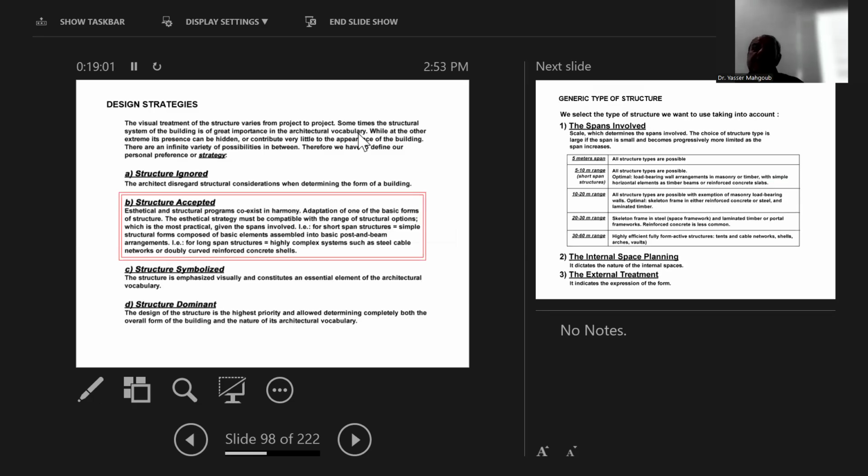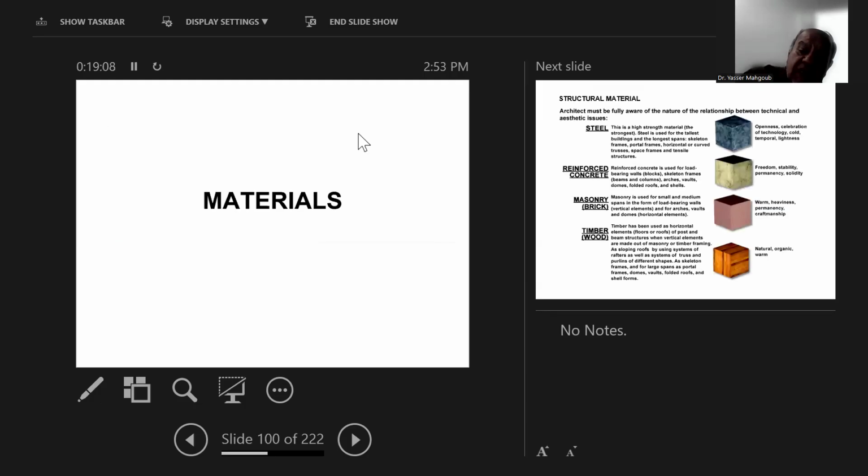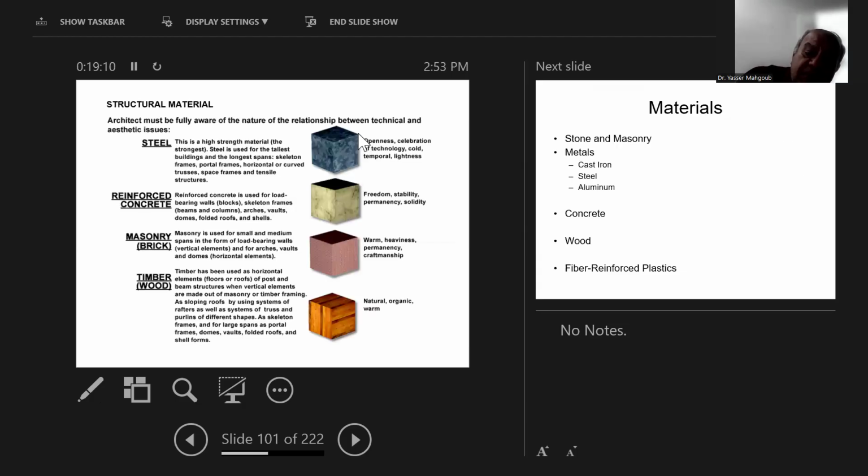There are design strategies and guidelines to think about structural materials and the different materials that we use, including steel, reinforced concrete, masonry, timber. These are the basic materials that are used as structural materials. So you might not use reinforced concrete in your design.